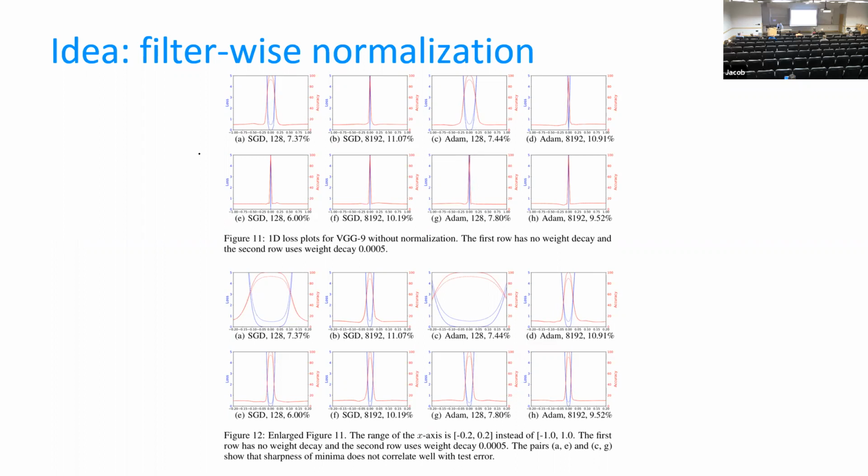Also C. So this is meant to show that in one case, sharper minimum correlated with lower test error, and in the other case, flatter minimum correlated with lower test error. So again, showing the problem of doing these visualizations without normalization. Have we beat that horse to death yet? Okay, good. Any questions on that? Okay.